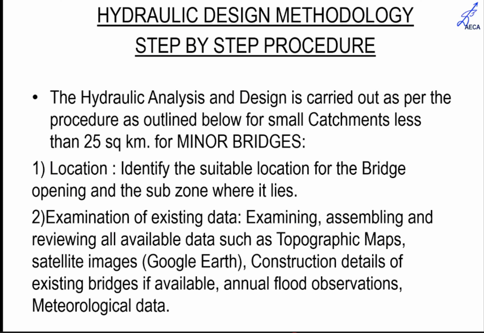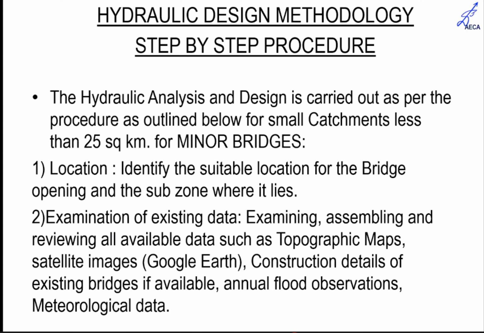Now we will take a step-by-step look at this procedure, or how to estimate the discharge for catchments which are less than 25 square kilometers, particularly for minor bridges. So we first identify the location of the bridge and then find out the sub-zone where it is lying.